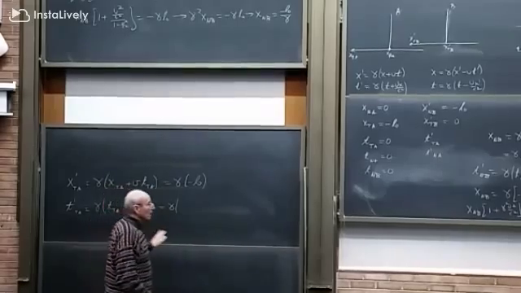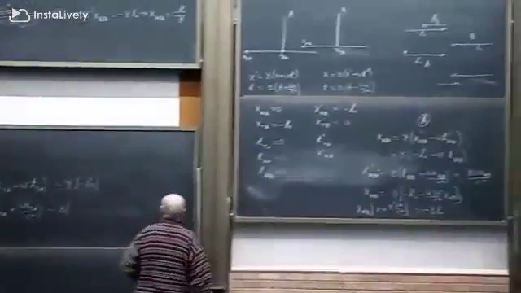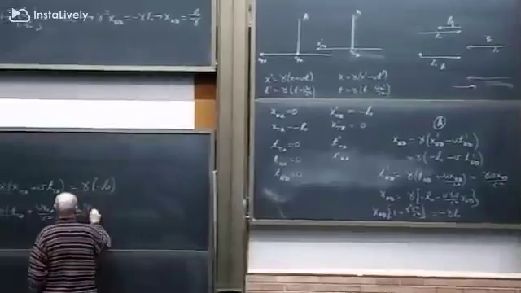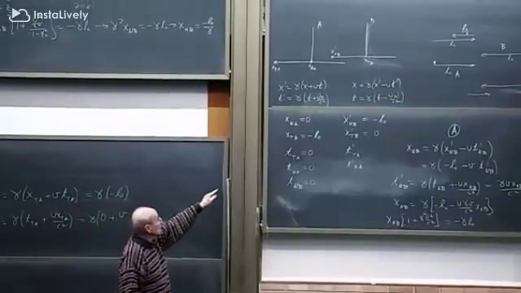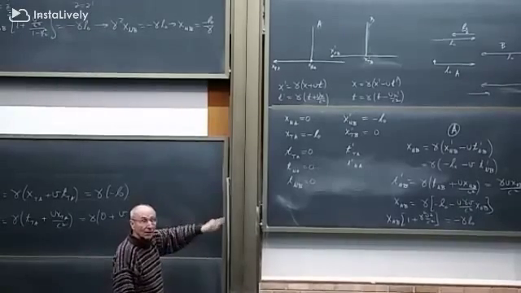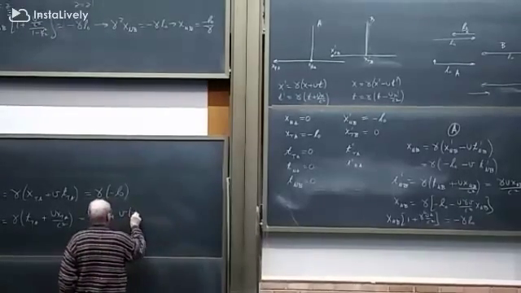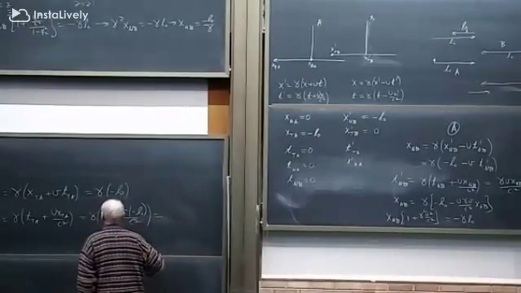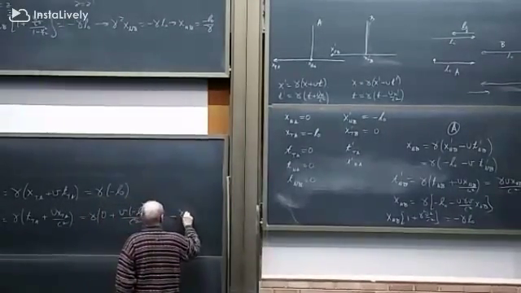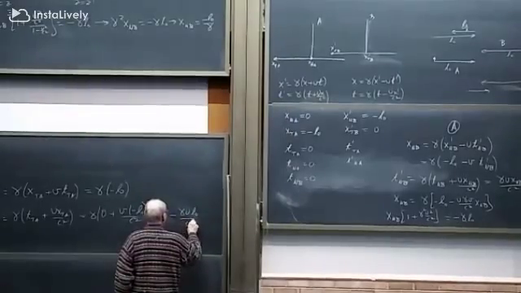Now, the gunner fired, as seen in the A system, at 0. x tail A is minus L0. And therefore, minus gamma B L0 over C squared.